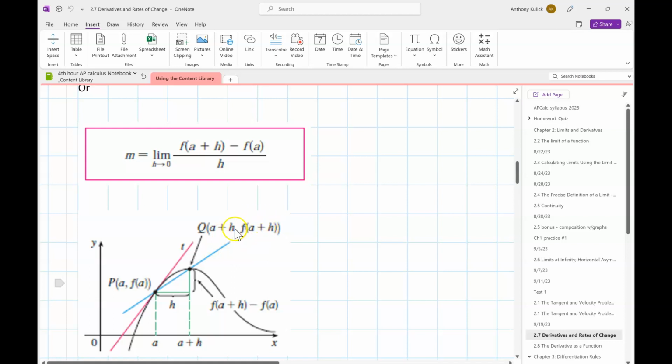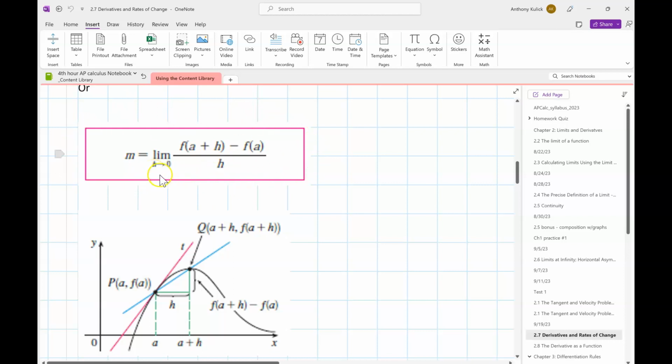So if I do y2, f of a plus h, minus y1, f of a, over x2, a plus h, minus x1, a, so that a plus h minus a becomes just h. This becomes the more standard way of representing the slope of the tangent line.